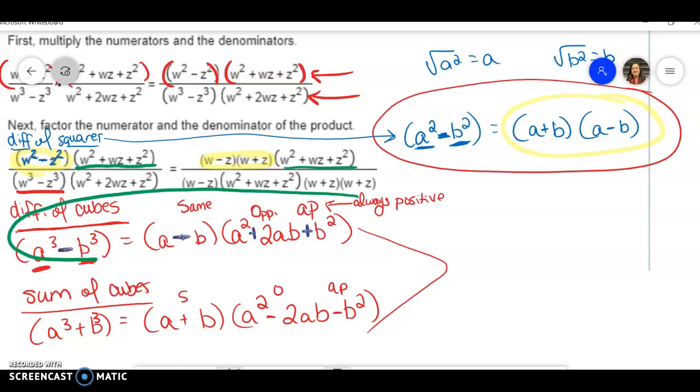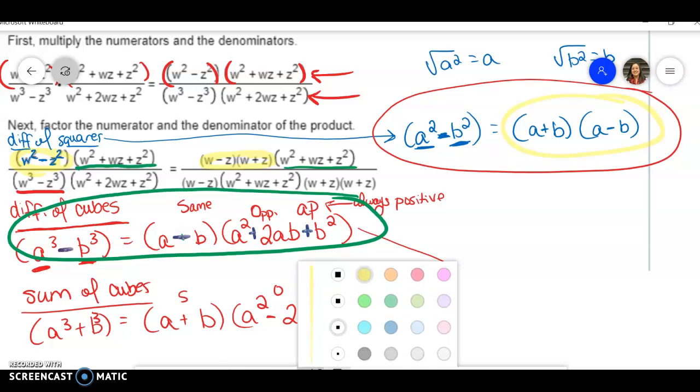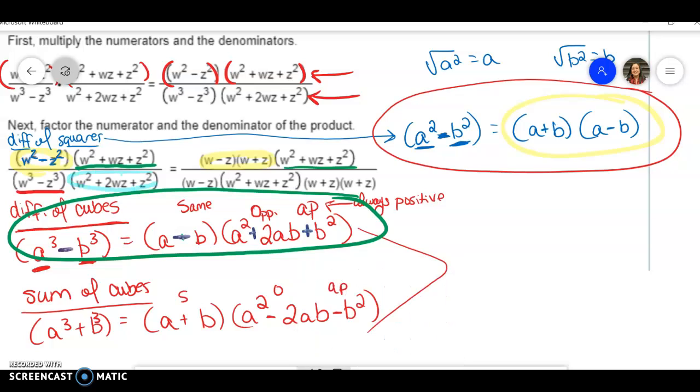Well, this right here is what this example utilized to factor this second piece. Let's change my highlighter. So I'm going to highlight this in, let's say, light blue. This first parentheses here, they utilized SOAP.